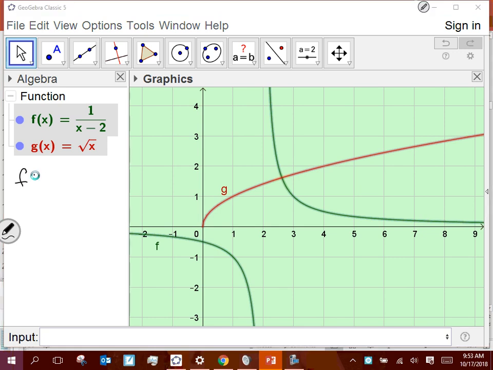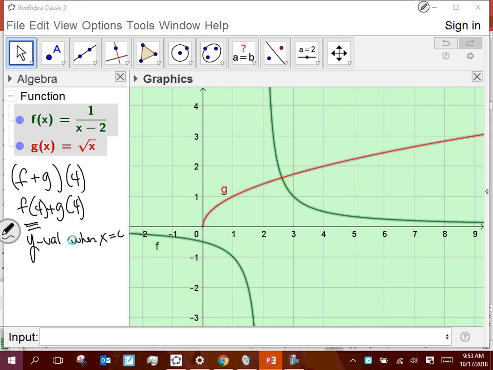All right, so the idea here, guys, is if I were to find F plus G of 4, what are we really doing? Well, that's F of 4 plus G of 4, right? Well, F of 4, that's the Y value when X is 4, right? So go find 4, X is 4 right there, okay?